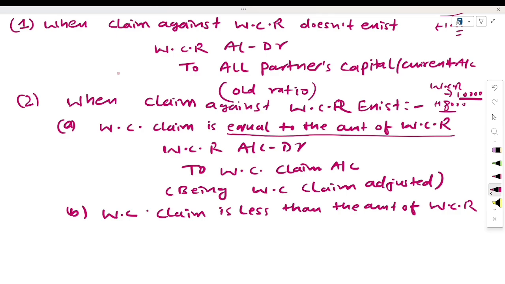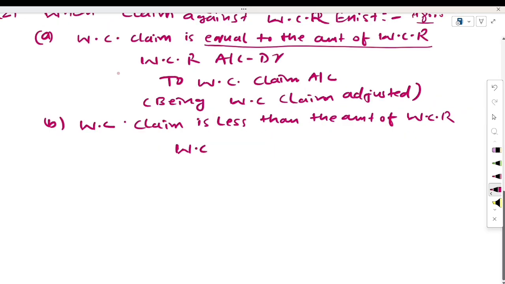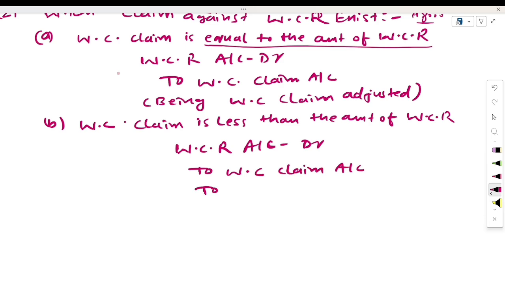In this situation, the claim amount will be adjusted with the workmen compensation reserve amount, and the balance of the reserve will be credited to the partners' capital or current account.